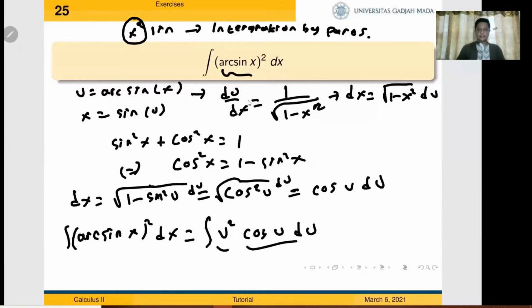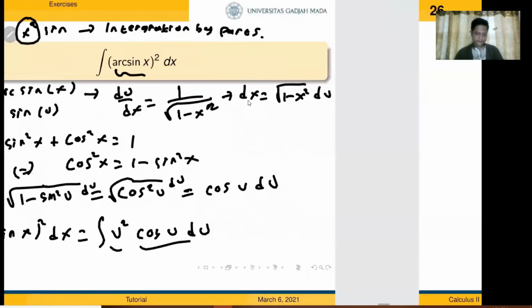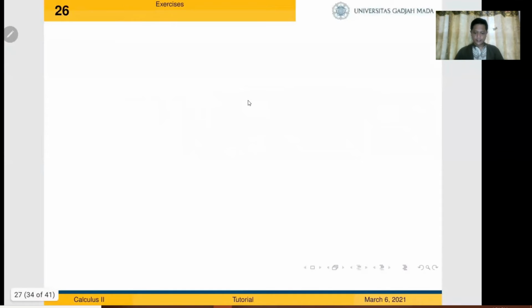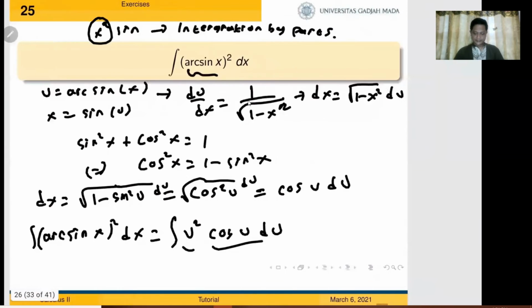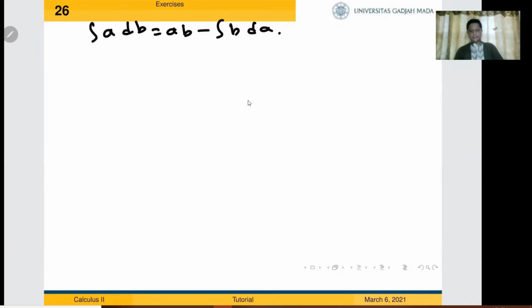First integration, you will get x, and the next one, the x will disappear. I also used u, so I worry that you will be confused if I use u again. Maybe I use a, because we know the integral of a db is equal to ab minus the integral of b da, right? This is the formula for integration by parts.